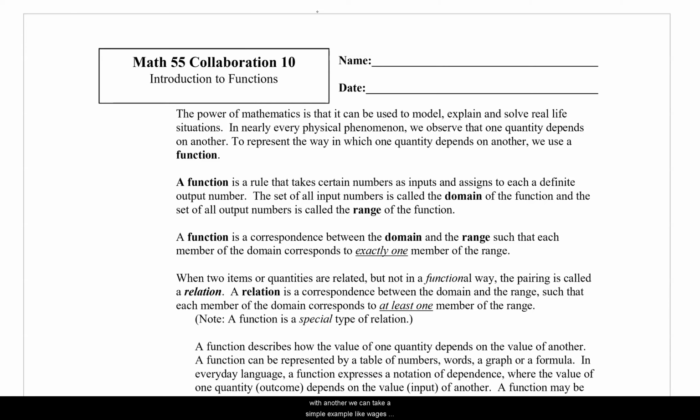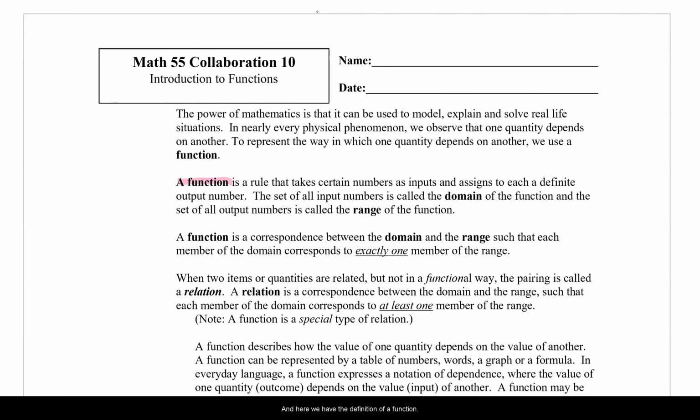We can take a simple example like wages for a job. The number of hours that you work in your job directly influences the amount of money that you will receive from working that job. Mathematically, if we want to represent this dependent relationship, we will use a function.